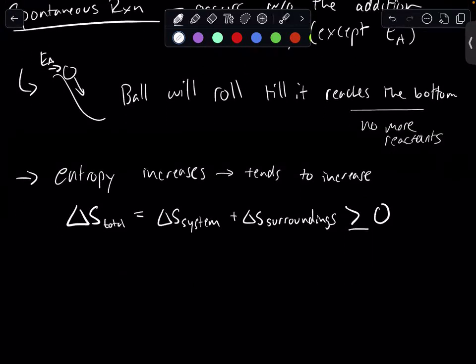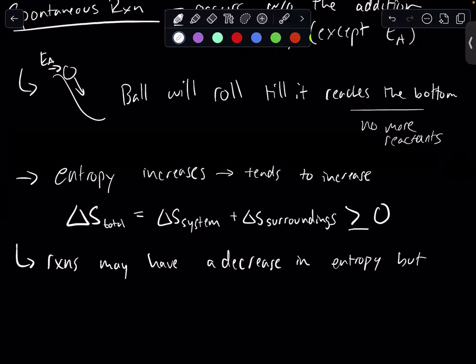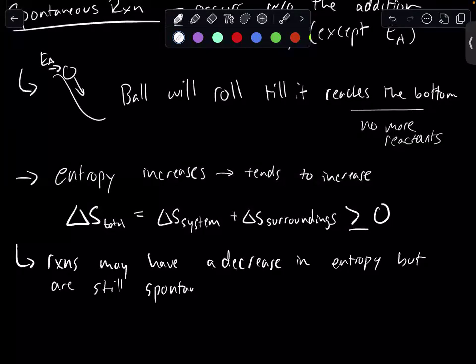So when we look at spontaneous reactions, some may have a decrease in entropy but are still spontaneous. That's usually due to the other thing. What other thing am I talking about? I'm talking about the entropy of the surroundings.